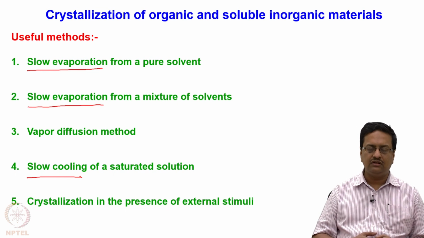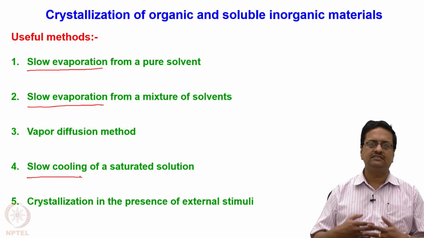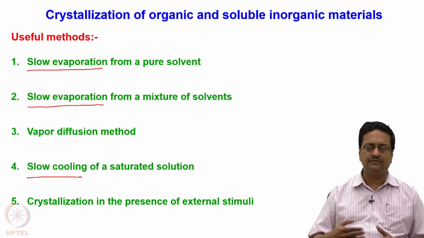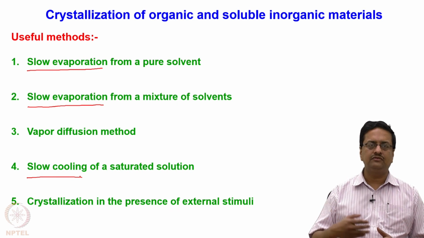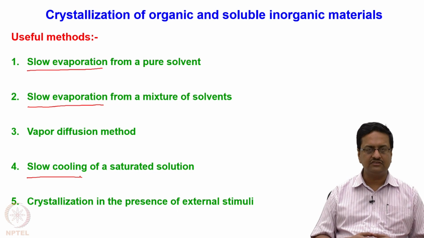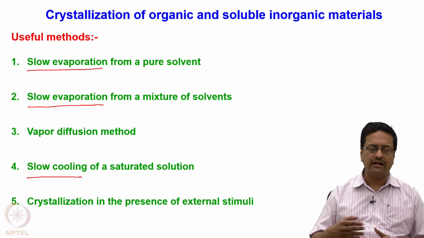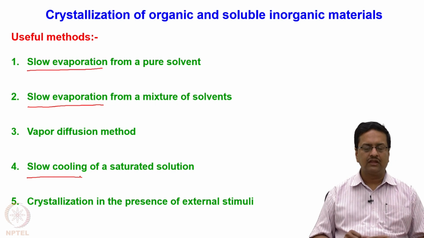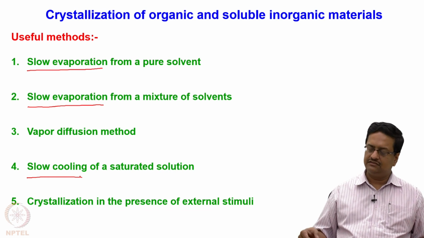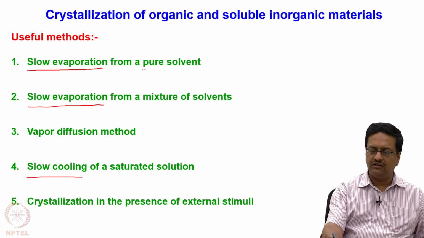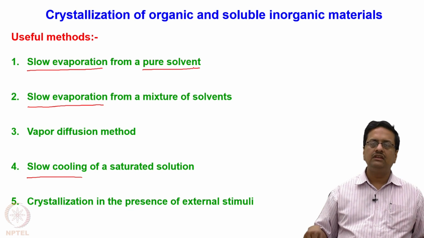Because we would not want to disturb the system very frequently. We would like them to crystallize as naturally as possible, and we do not want the system to be hurried up for crystal growth.